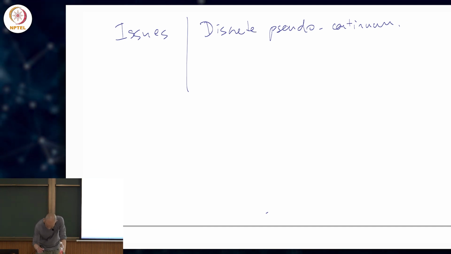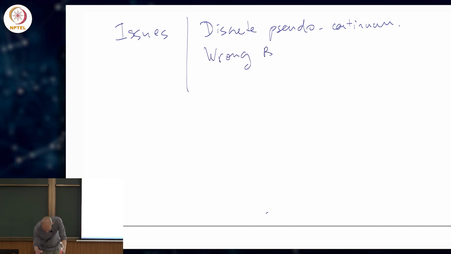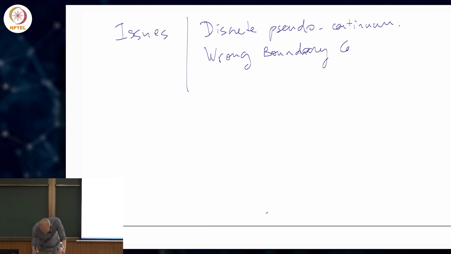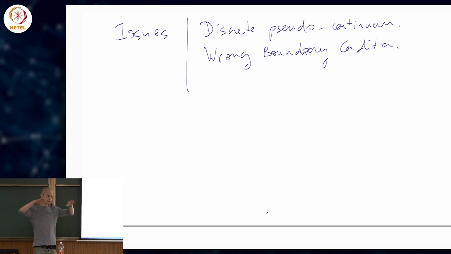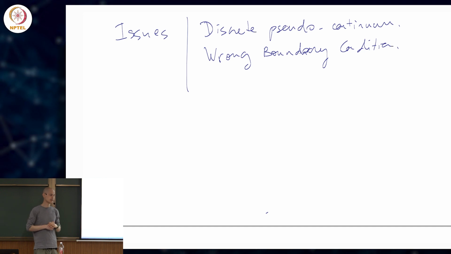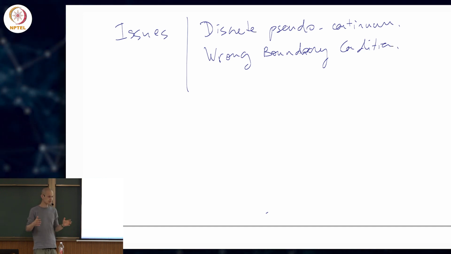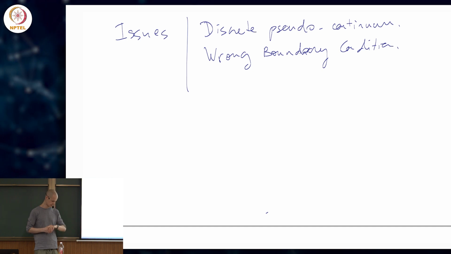And two, this pseudo-continuum has the wrong boundary condition. They don't look like continuum. Continuum should be normalized to the energy, while the L-square states are normalized to 1. So they don't have the proper boundary condition. So that's two issues.